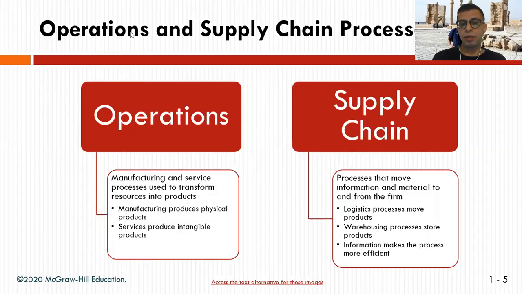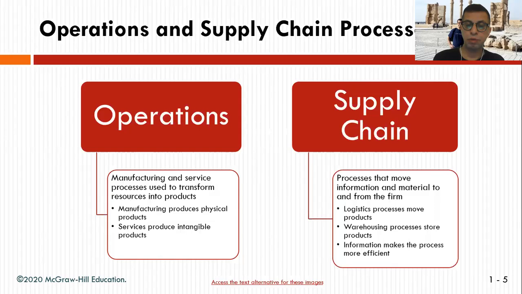Operation and supply chain process is, as we said, first operation, and then the second part is the supply chain. The operation is made of manufacturing and service processes used to transform resources into products. So you have a material, semi-finished or raw material, and you process it into the product for the other supplier or the end user customers.